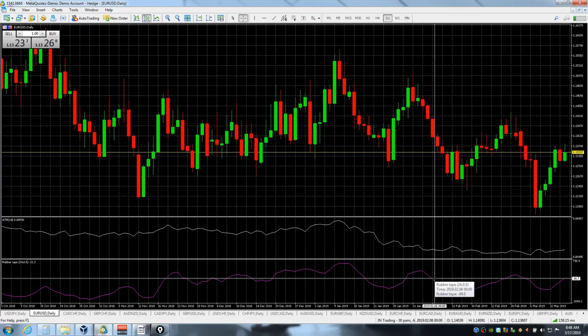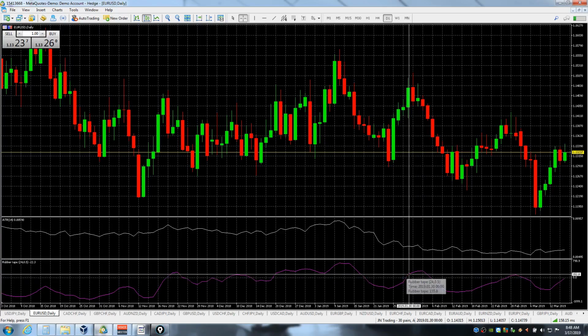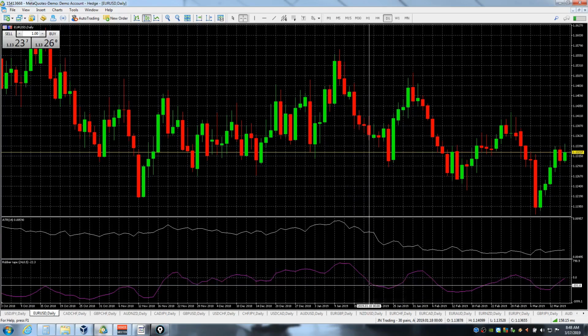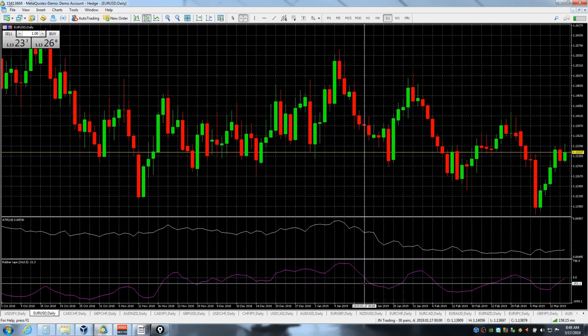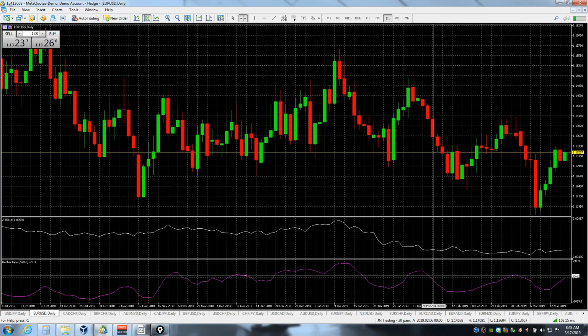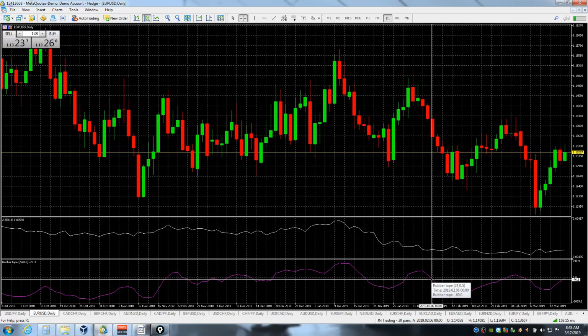So because it's crossing below, that means, remember, go short, okay? Here it's crossing above, so we're going to go long. Here it's crossing below, so we're going to go short. When it crosses below, you go short. When it crosses above, you go long, okay? So this day that we're looking at right here, it's crossing below, so we're going to go short.